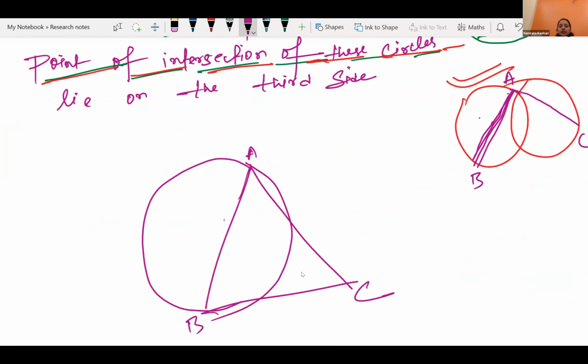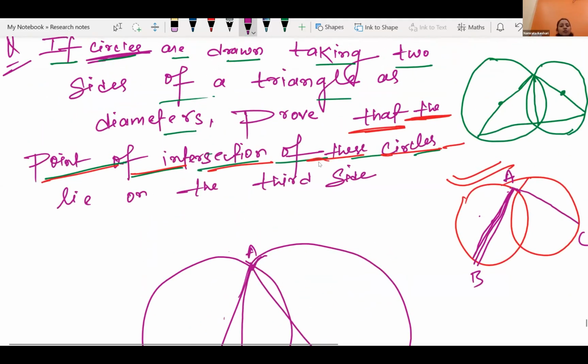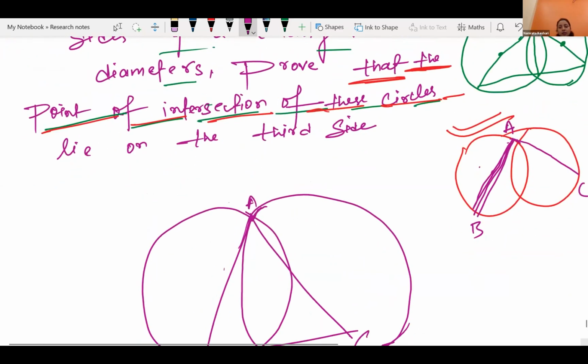Then AC is the other side, keeping this side as a diameter, we are drawing another circle. Maybe it will look like this. Then we have to prove that the point of intersection of these circles lie on the third side.